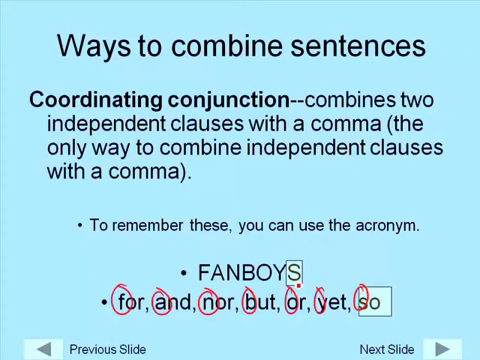And if you remember fanboys, you can probably remember these 7 words. The important thing about these is that these are the only 7 words in the English language that you can use a comma to connect 2 sentences. So if you use these words, you just have the first sentence, Bob went to the store.